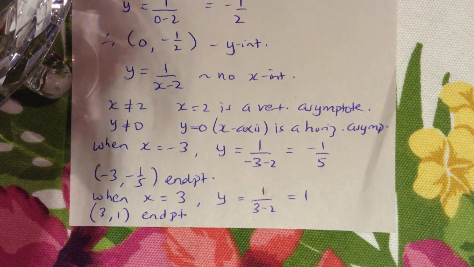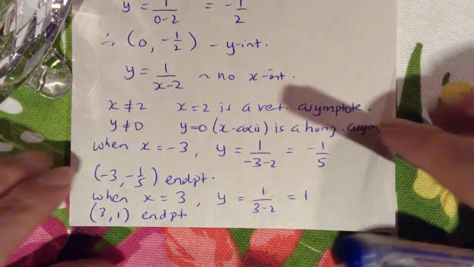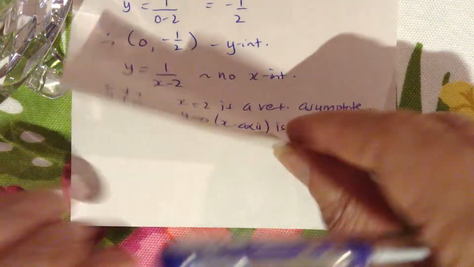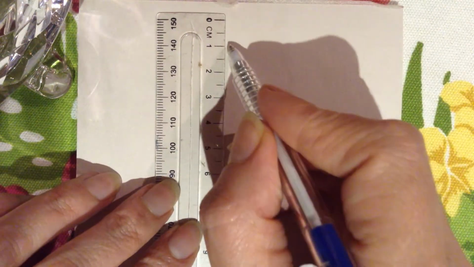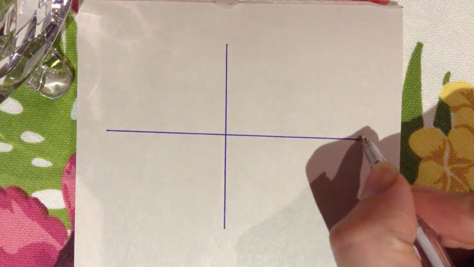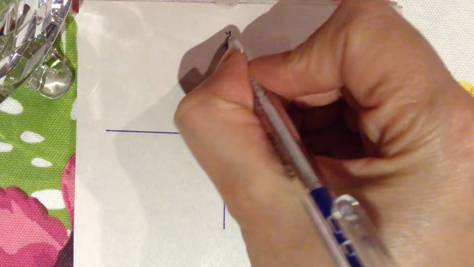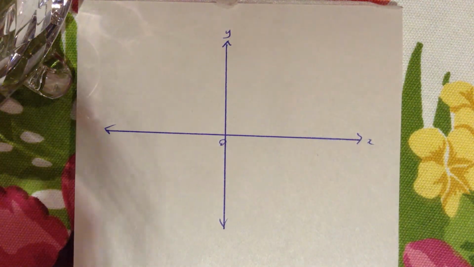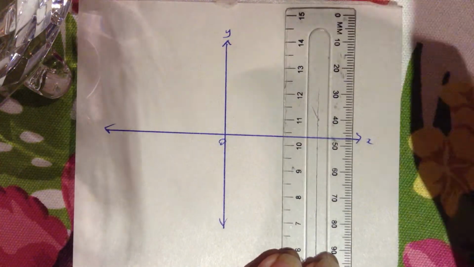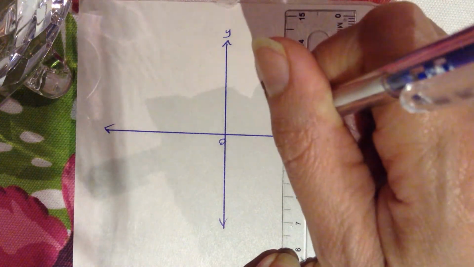Okay, and now we're going to put all these things on the, we're going to draw this graph. Okay, so we draw an xy plane. We're going to put in our vertical asymptote, which is x equals 2.